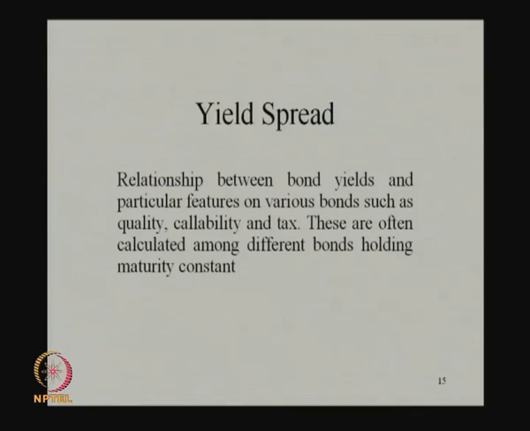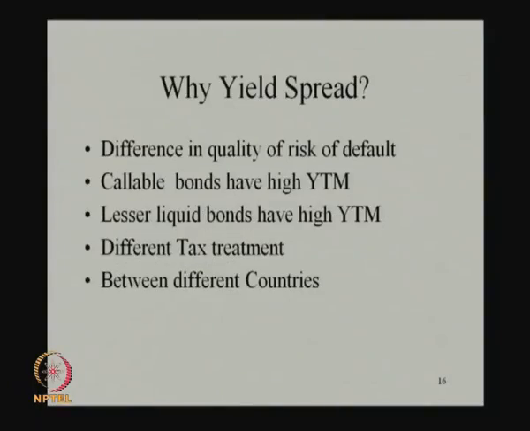The returns are different because of their quality, who the issuer is, the chance of default and whether the return can be assured or not, the tax structure, and the features of the bond, whether there is a call feature or not. These are the different factors, or in aggregate we can say the risk factor, that determine why, even if the term to maturity is the same, the return from the two bonds is different. That is why we call it the yield spread.